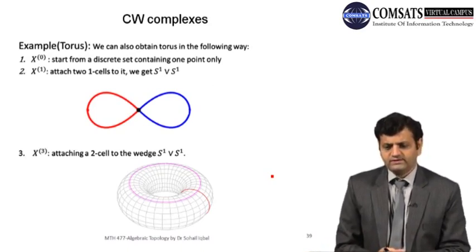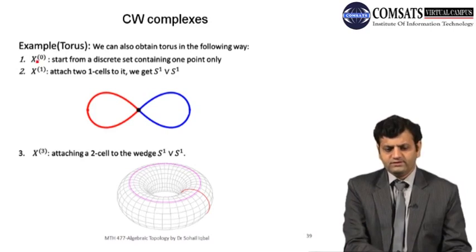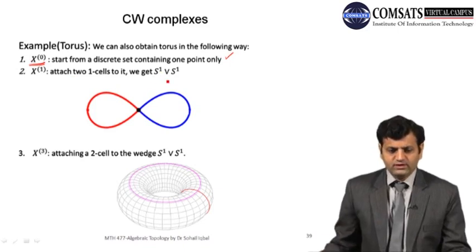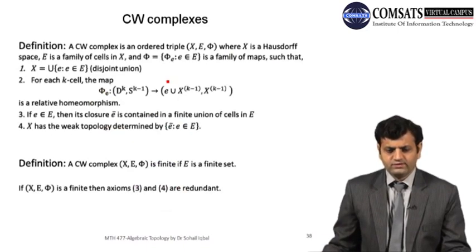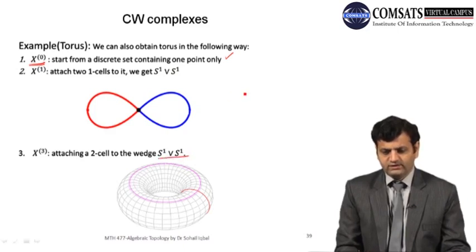So let's review again. Let's talk about the torus again and see how this is a CW complex. In the first stage we have X0, which is a collection of one point only. In the next stage we are going to attach two 1-cells to it. Let's go back and see the definition. In the first condition, X should be the union of all these cells. When we take a point, then these two 1-cells, and then attach the 2-cell to the wedge of S1 and S1, we have E0 union E1 union E1 union E2.